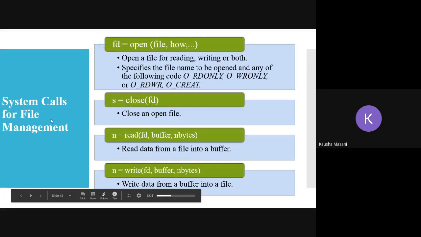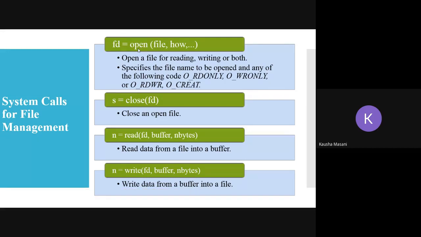So as I said, when you go for file management, there is an open system call, right? In that open system call, you are giving the file name which you want to open.